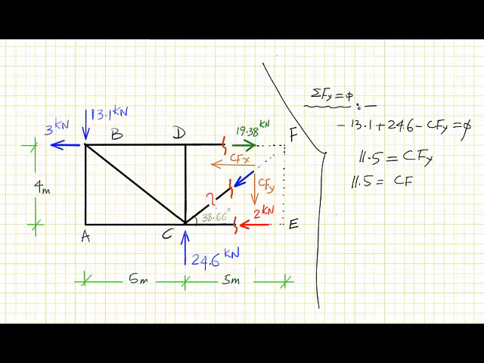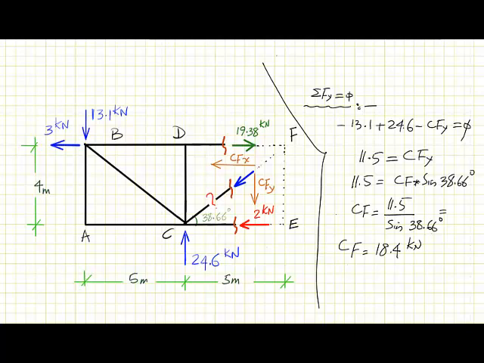CFY is equal to CF multiplied by sine 38.66 degrees. So CF is equal to 11.5 kilonewton divided by sine of 38.66 degrees, and CF is equal to 18.4 kilonewton.